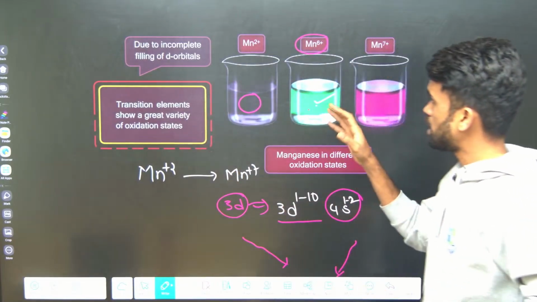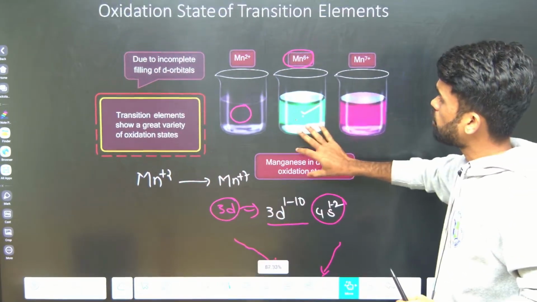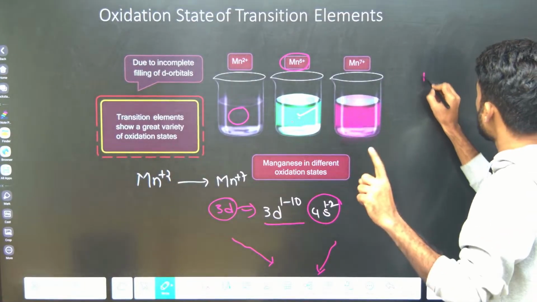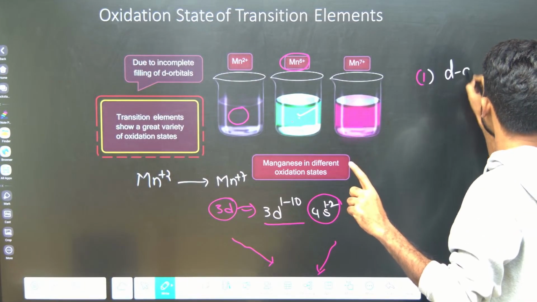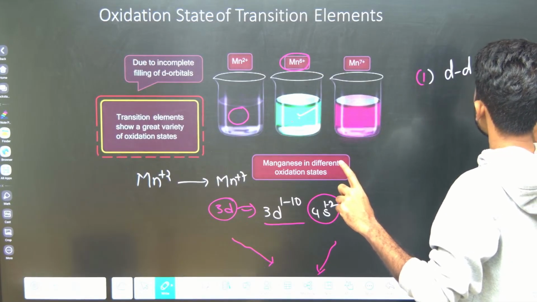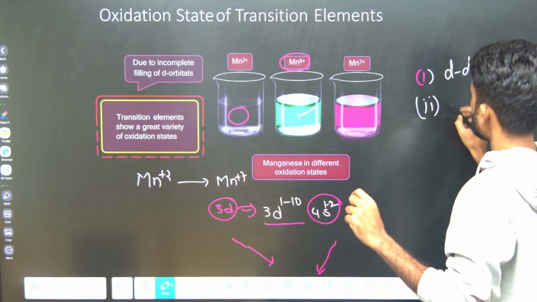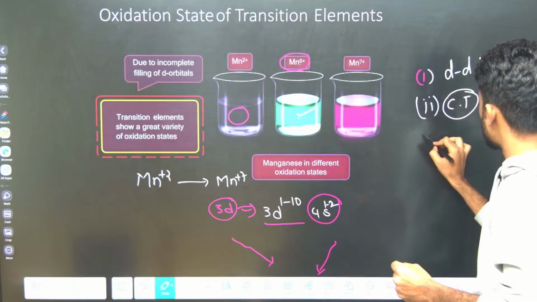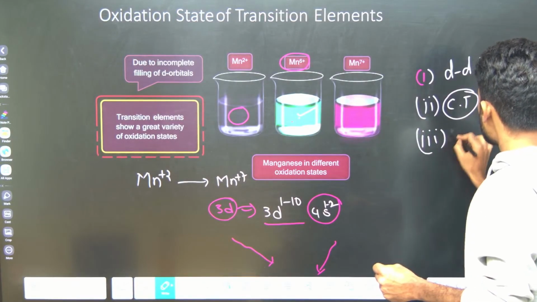The reasons for the color of d block elements are, one, dd transition. What am I saying? dd transition. One more reason is charge transfer phenomena. And the third reason is polarization.